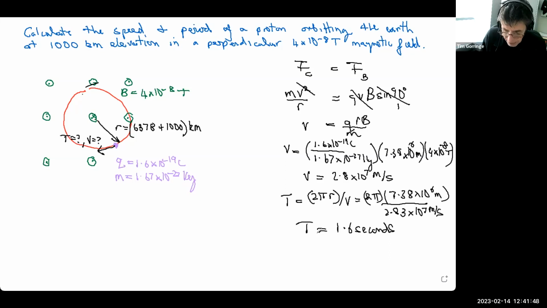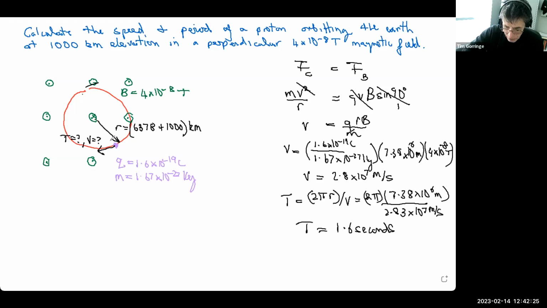Let me just comment on the direction of the magnetic force and the sense of the circular motion. So if we look at the sketch here, the particle, at the moment I've drawn it here, is basically on the bottom portion of the circular orbit. It's mostly moving over towards the left. So I could point the palm of my right hand towards the left.